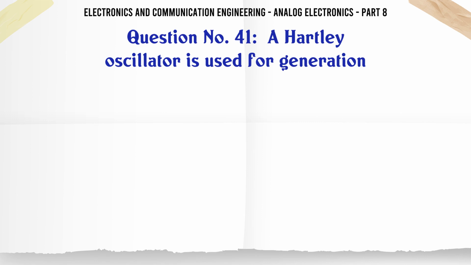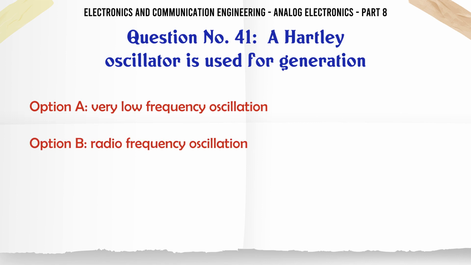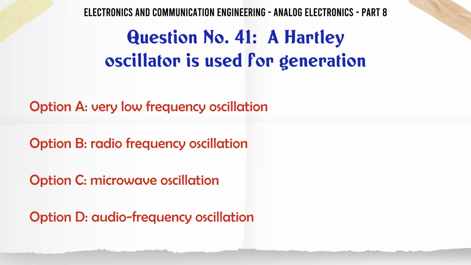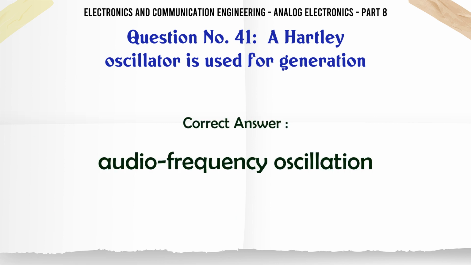A Hartley oscillator is used for generation of A. Very low frequency oscillation, B. Radio frequency oscillation, C. Microwave oscillation, D. Audio frequency oscillation. The correct answer is audio frequency oscillation.